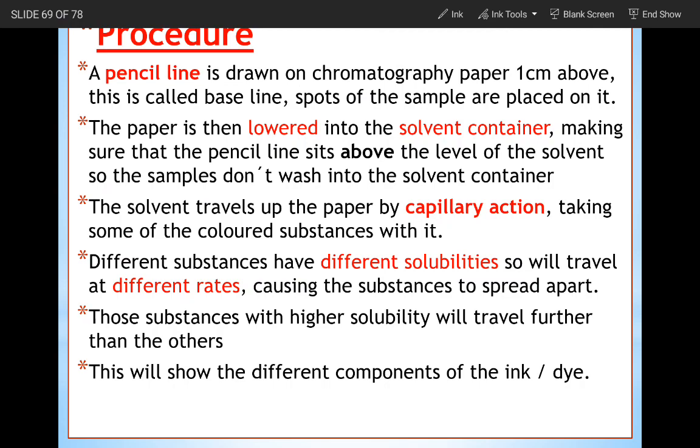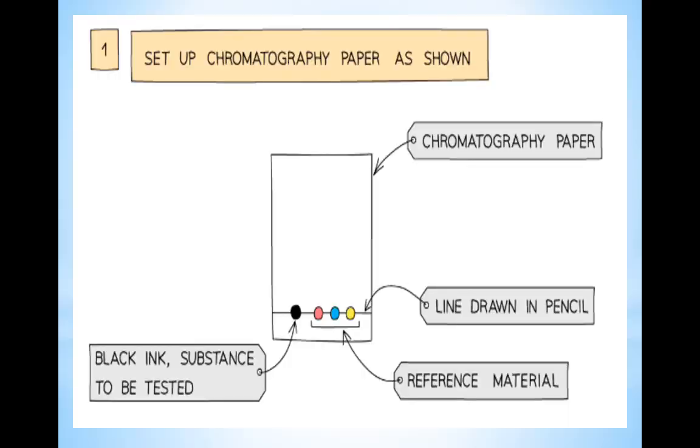The solvent travels up the paper by capillary action, taking some of the colored substances with it. Different substances have different solubilities, so will travel at different rates, causing the substances to spread apart. Those substances with higher solubility will travel further than the others. This will show the different components of the ink dye. So, firstly, you have to set up chromatography paper as shown here.